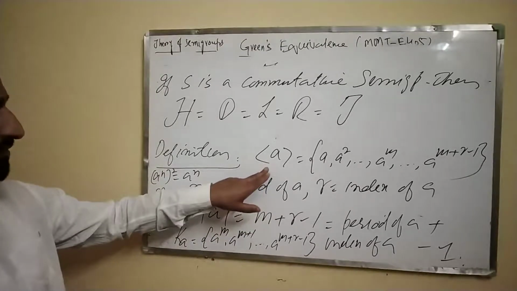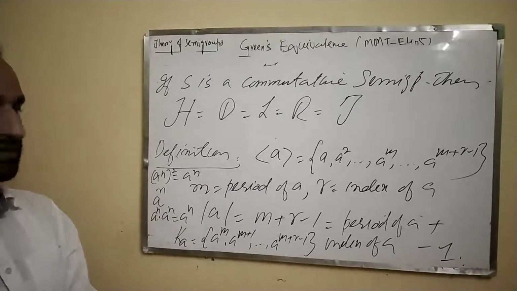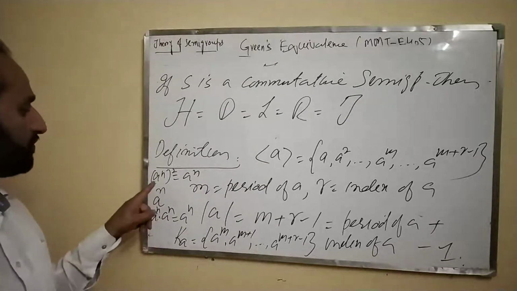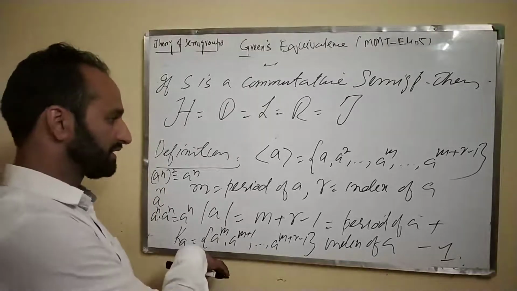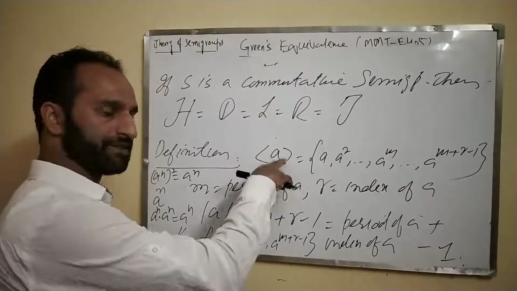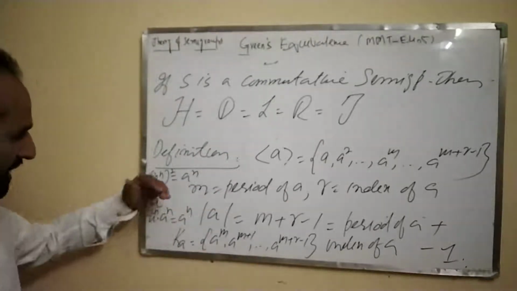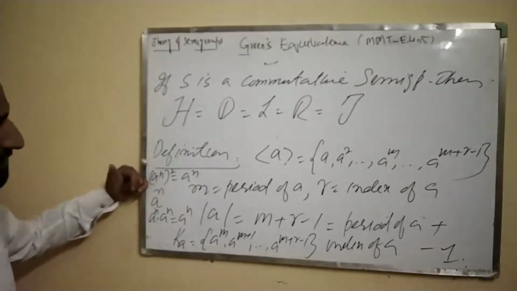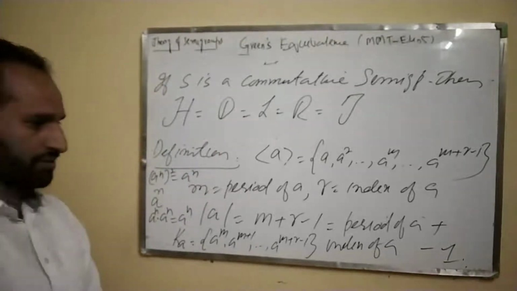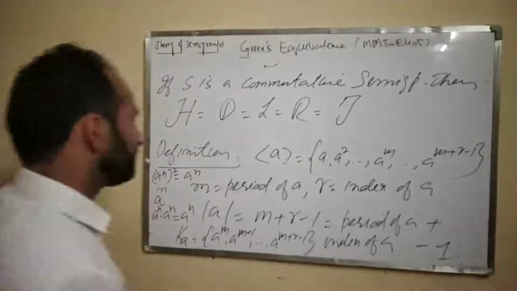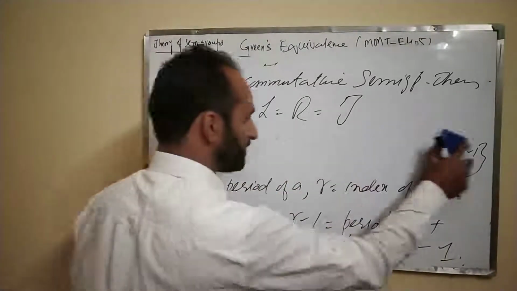So whenever we have a finite monogenic semigroup, it must have at least one idempotent, because that idempotent is actually the identity of the subgroup which it has. It's a subgroup of this, so it has an identity, and that identity is an idempotent of the finite monogenic semigroup. So in other words, we can say every finite monogenic semigroup has an idempotent.